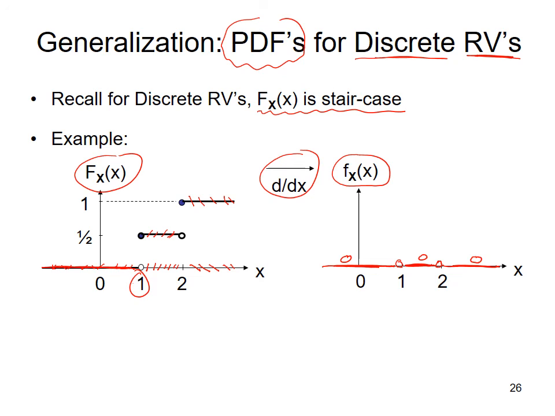So now I need the derivative. Remember, the definition of derivative is the slope of the tangent drawn to the curve. Well, this curve is jumping up here, right? And the derivative then, if you think of it as rise over run, you're rising 1/2 and you're running 0.